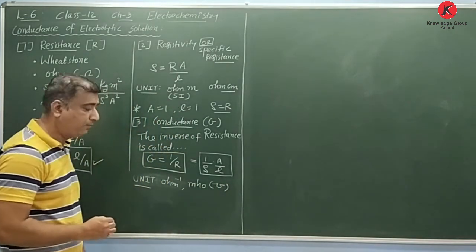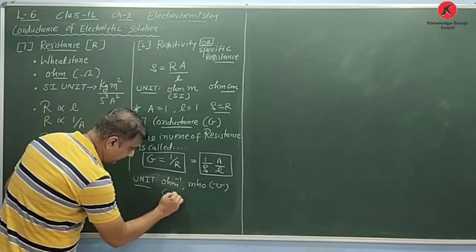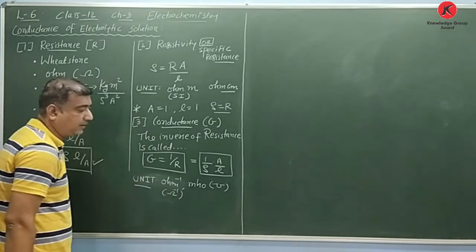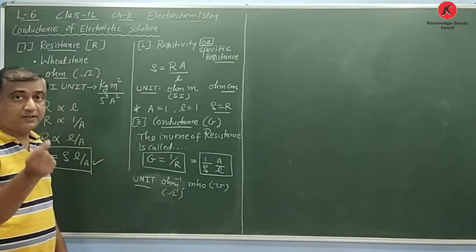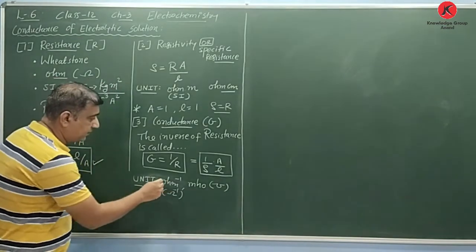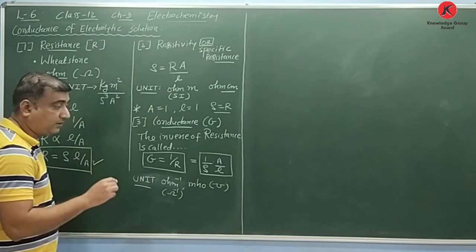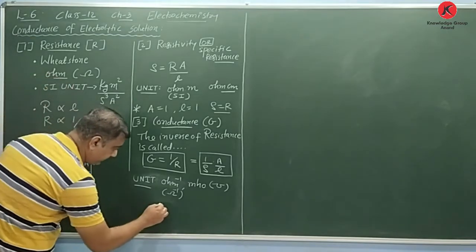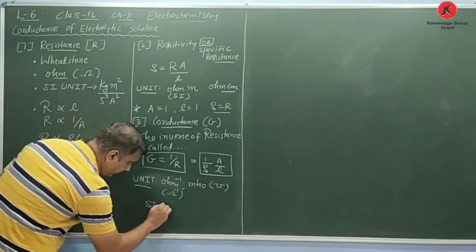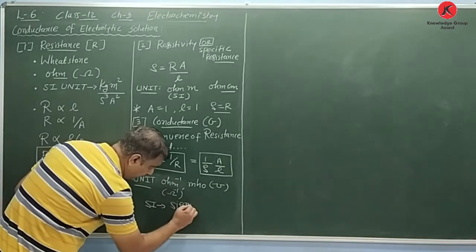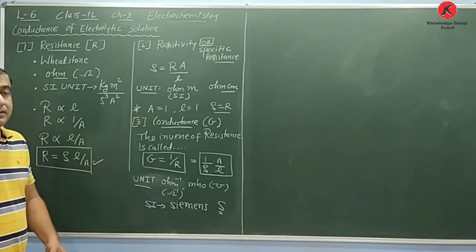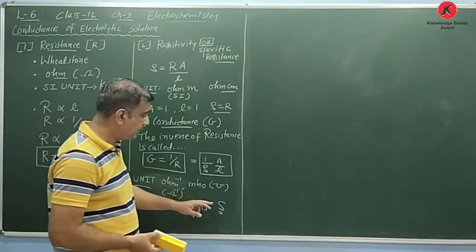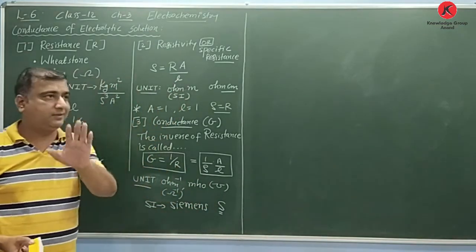The symbol of mho is like this. Now, what is the SI unit? This ohm inverse is also written as Siemens. That means the SI unit will be Siemens, symbol S. That means 1 ohm inverse equals 1 Siemens.